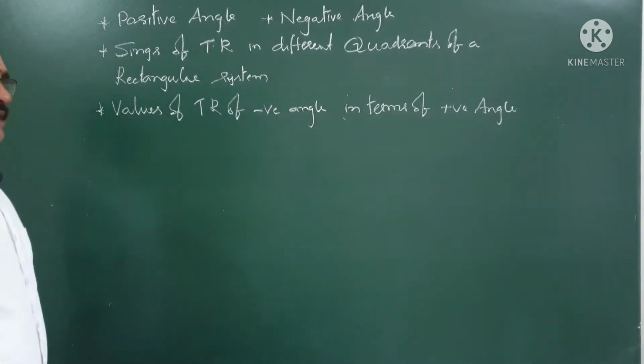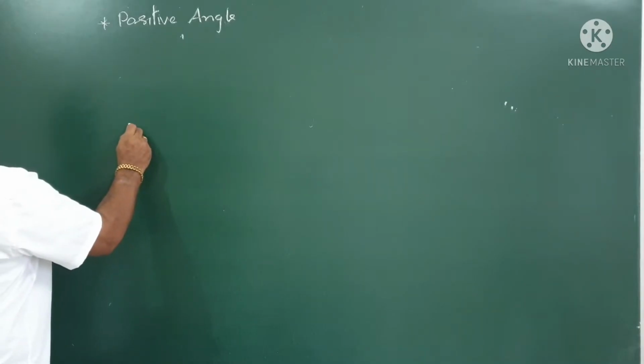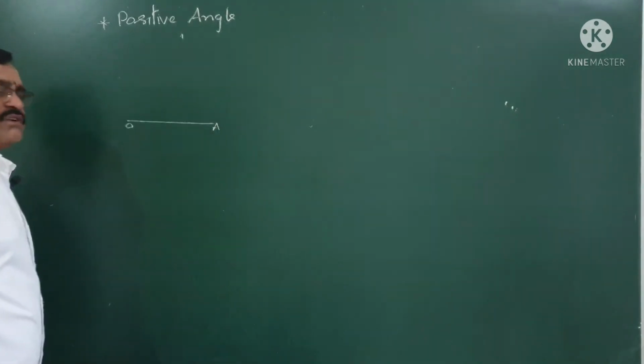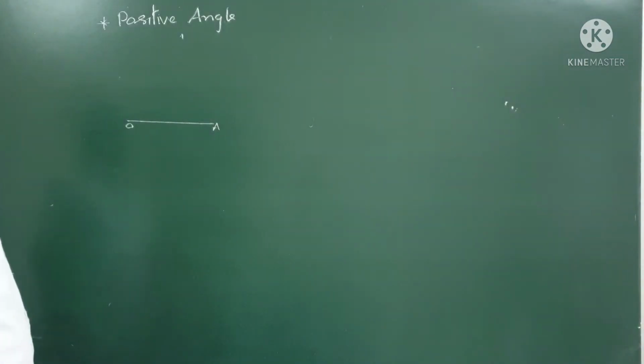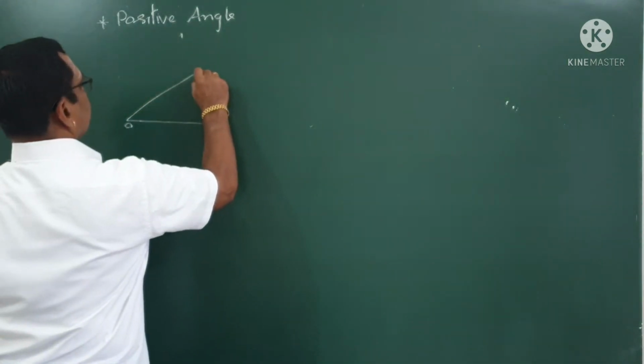Now, let me explain one by one. First of all, OA be the initial ray and OB is the terminal ray.